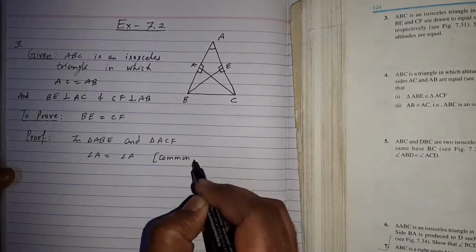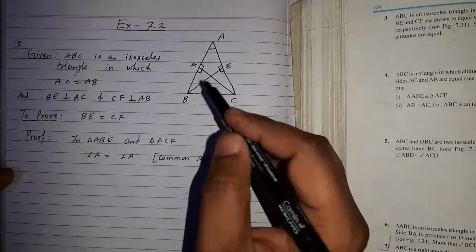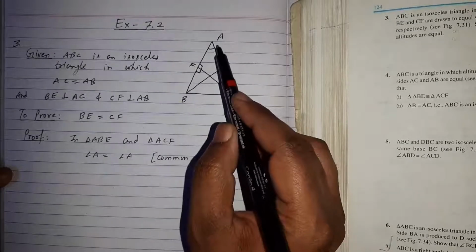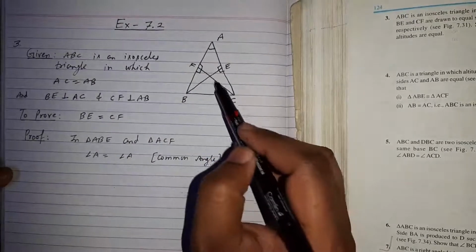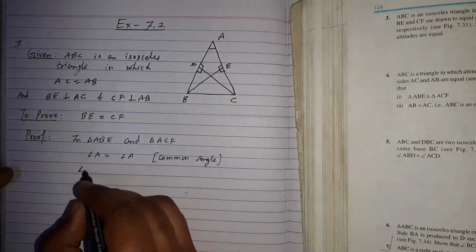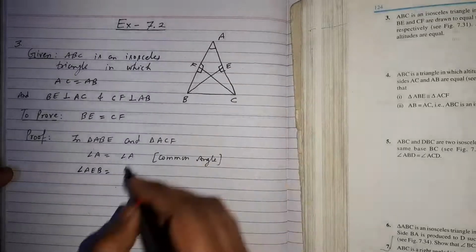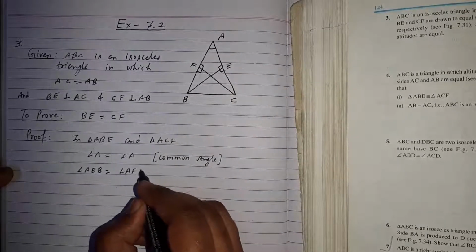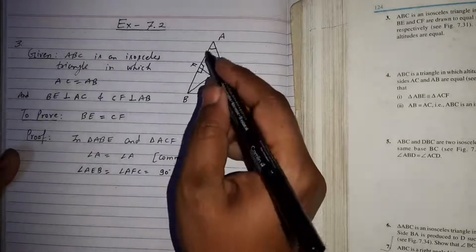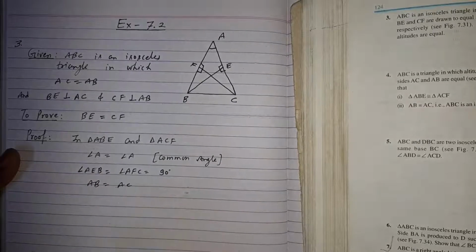Angle AEB is equal to angle AFC is equal to 90 degrees. And AB is equal to AC. It is given AB equal to AC.